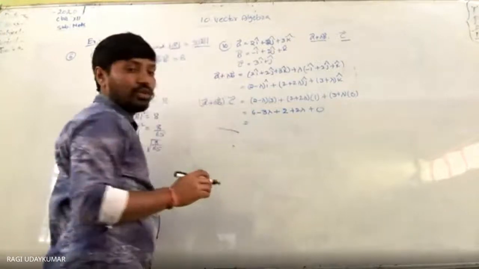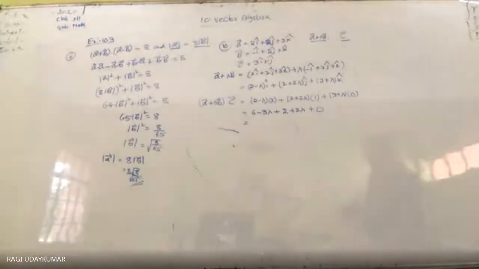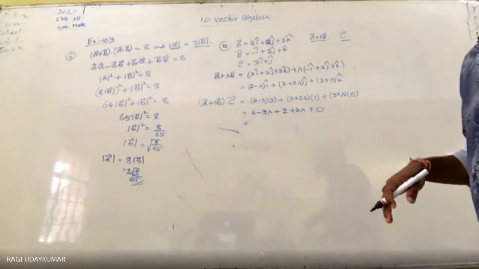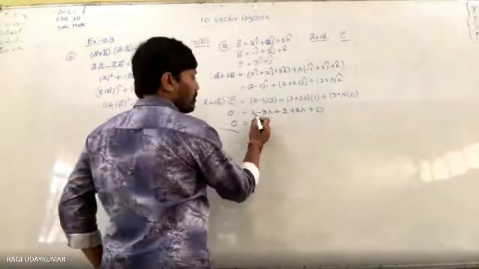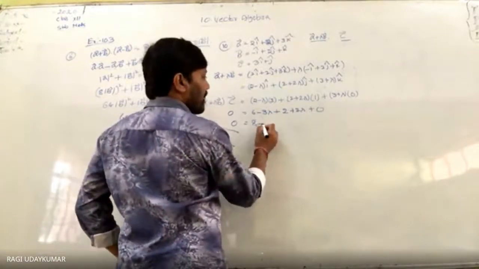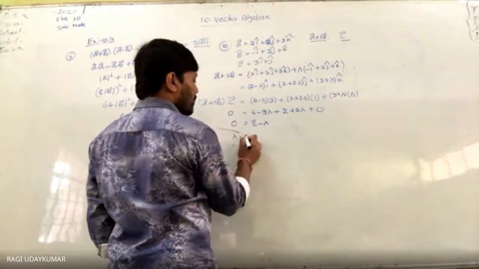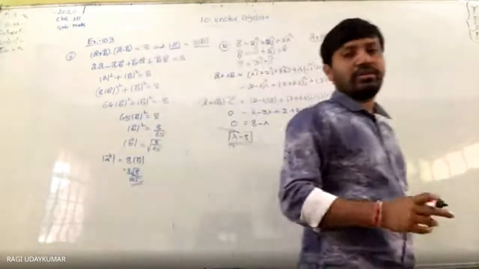It is asking you to find out the lambda value if they are mutually perpendicular. It is given that they are mutually perpendicular, so their dot product will be equal to 0. So what do you get here? 8 minus lambda is equal to 0. So lambda is equal to 8. So the lambda value is what is being asked.